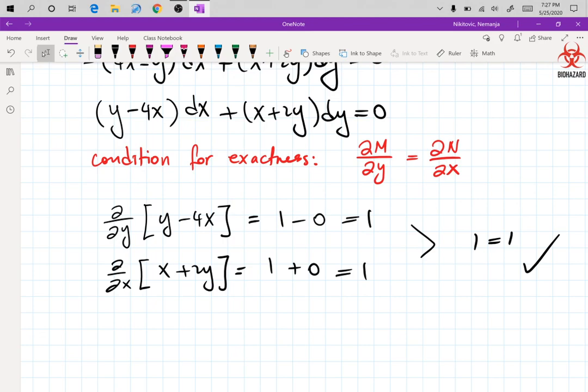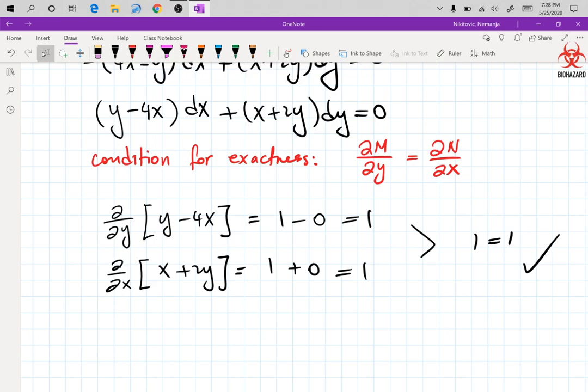All right, cool. So the solution says that if the condition for exactness is satisfied, you can integrate your M with respect to x, do a little bit more work to figure out the rest of it, and you're done.